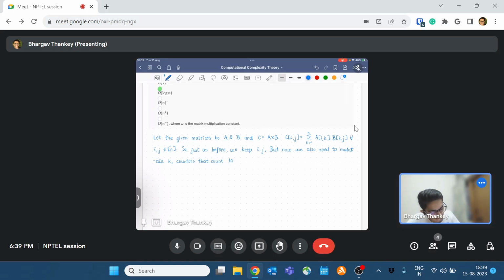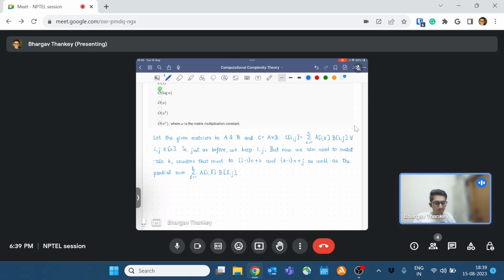We need (i minus 1) times n plus k, and (k minus 1) times n plus j, as well as the partial sum, the sum over l from 1 to k of A_il B_lj.